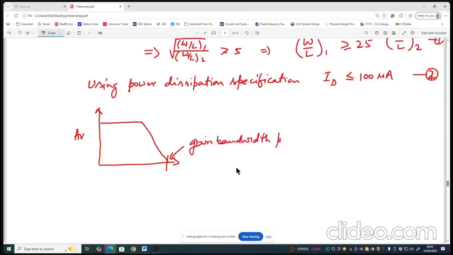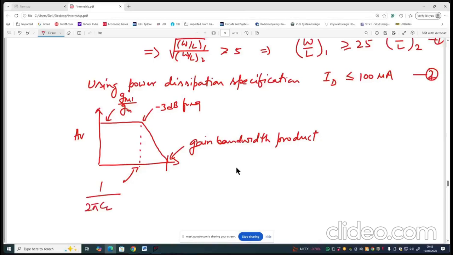Gain bandwidth product, or unity gain frequency, or GBW. The gain here is given by GM1 upon GM2, and this is the first pole frequency, which is also referred to as the minus 3 dB frequency, and it is given by 1 upon 2 pi CL R out.